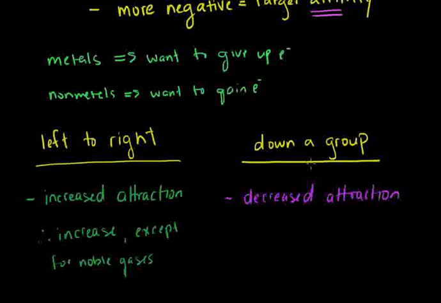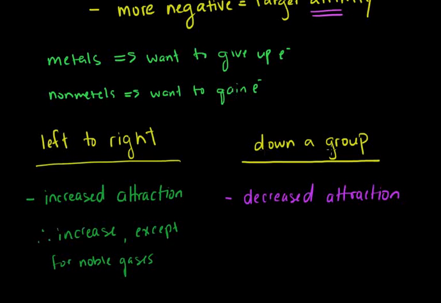As we move down a group, there's going to be decreased attraction, and so there's going to be a smaller energy change when we add electrons because there's not going to be as great a force acting on the nucleus. So for metals, we're not going to need to add that much energy to add an electron because that electron isn't going to be tightly bound. Similarly, for nonmetals, it's going to be more tightly bound than it would be for metals, but it's not going to be as tightly bound when it's down at the bottom of a group than it is at the top of a group.